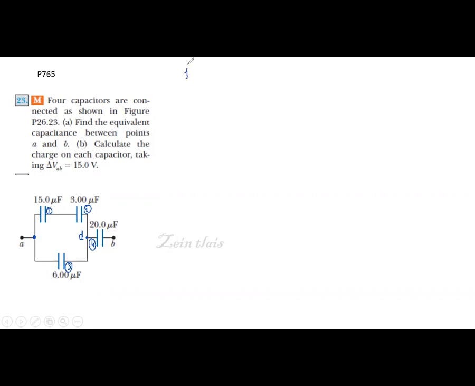We can say 1 and 2 are in series. If you want to know if the capacitors are in series or parallel, you have to see the nodes. Here we have one node, and here we have one node. Between the nodes, we have series capacitors.